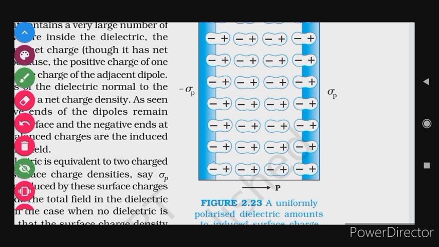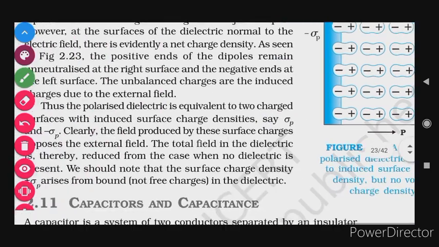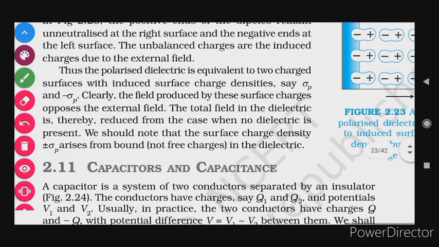Okay, that is equal to the external electric field, but here only the charges on the extreme produce the induced electric field, so this value will not be equal to the external electric field, hence there will be a net electric field. Okay, that will be in the direction of the external electric field, but this value will reduce, you can say. The total electric field in the dielectric is therefore reduced from the case when no dielectric is present.